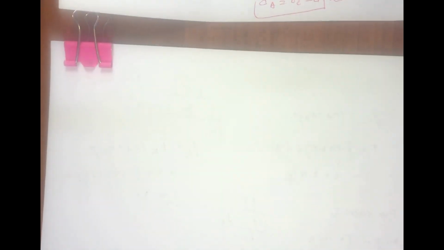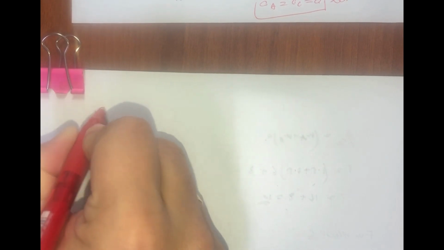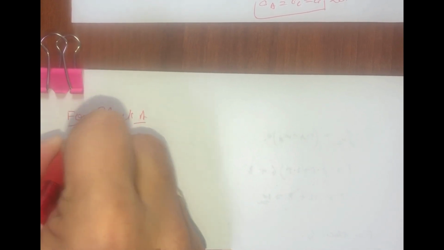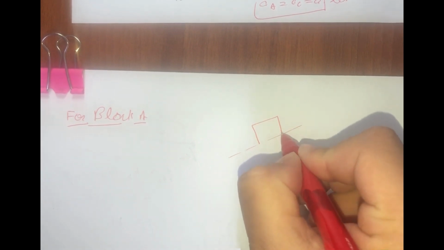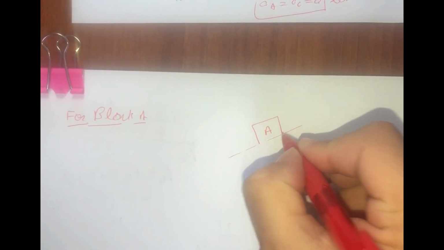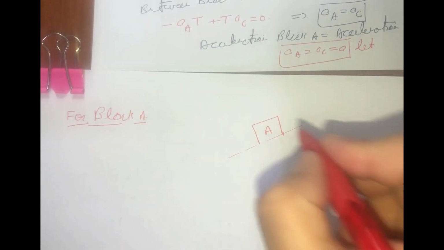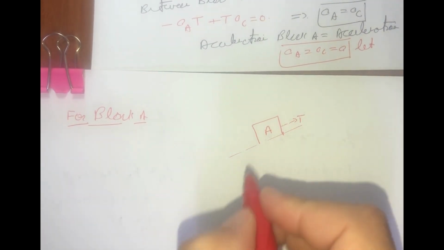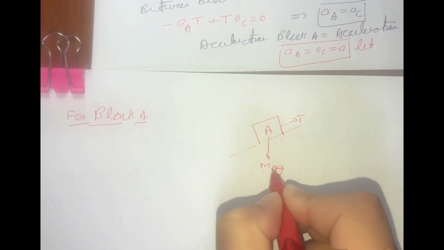Now let us find out what their acceleration will be. For block A, let us draw its free body diagram. So we have this block A, and there will be a tension T in the upward direction, and here it will be mA g.